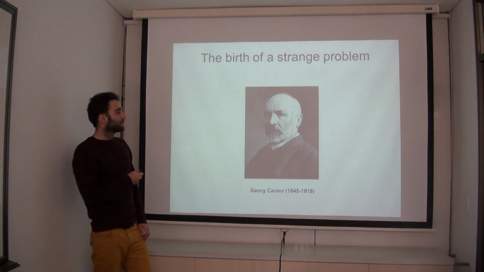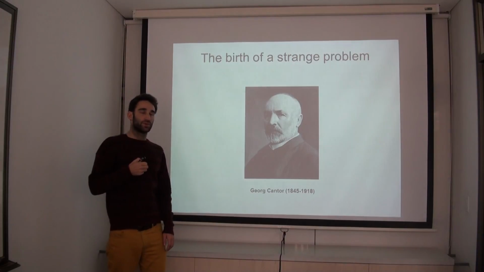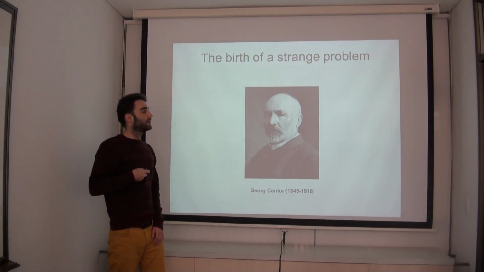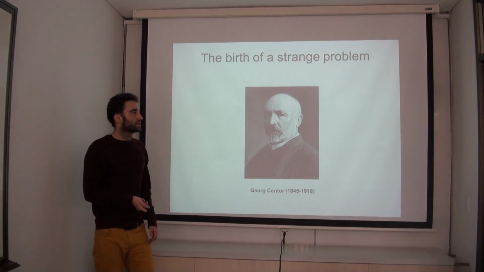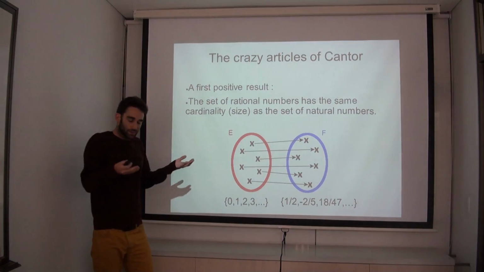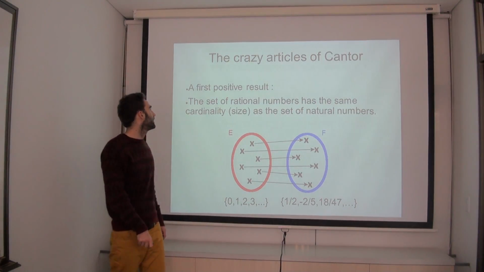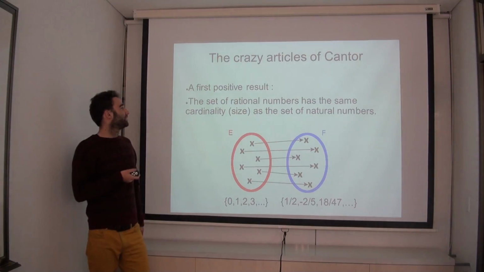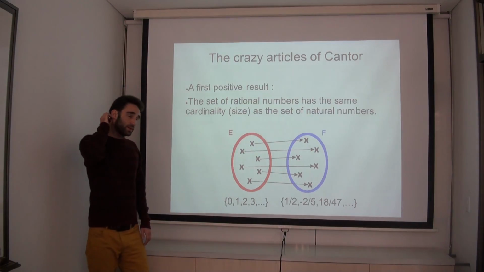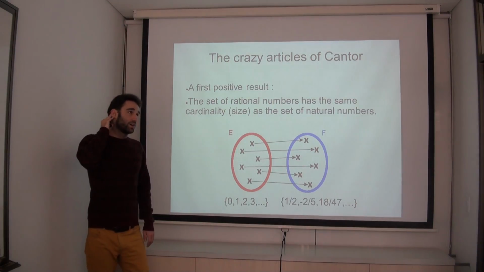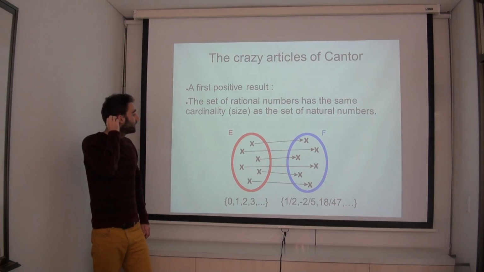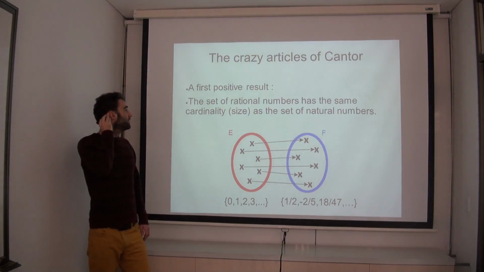Okay, so this man, Georg Cantor, gave birth to the previous tool and to the question that we are going to study today. So in an article that he published in the early 20th century, he gave a first really strange result.